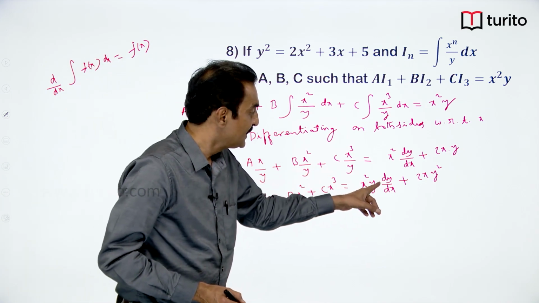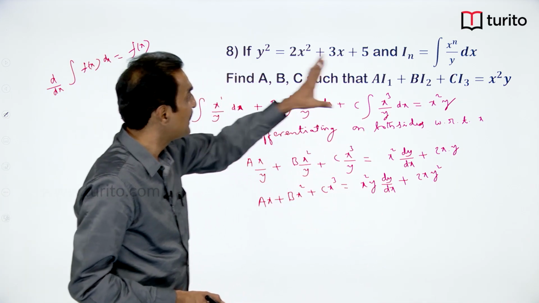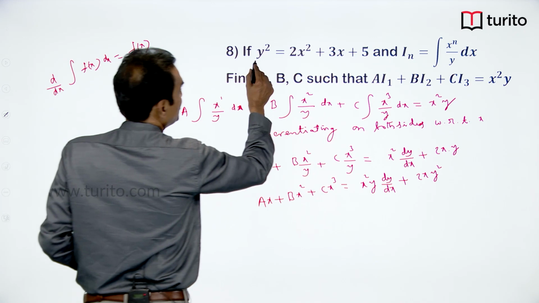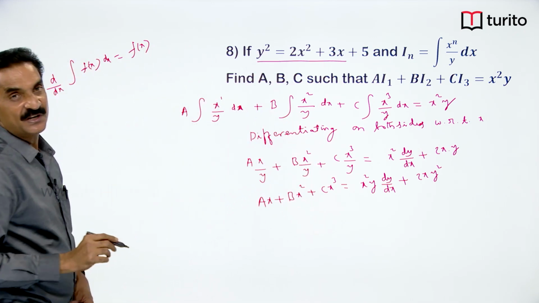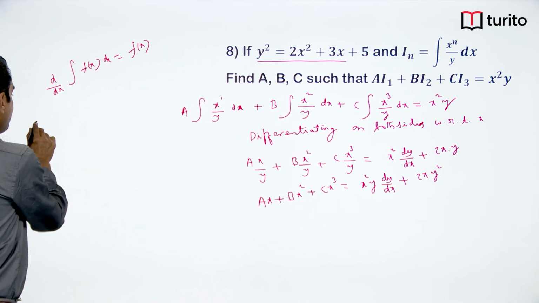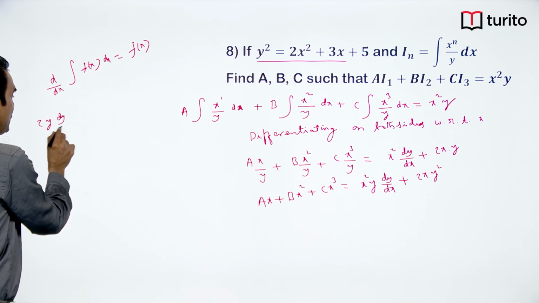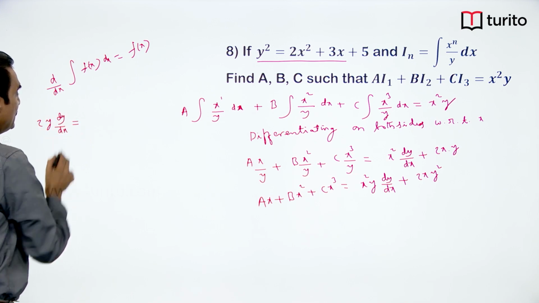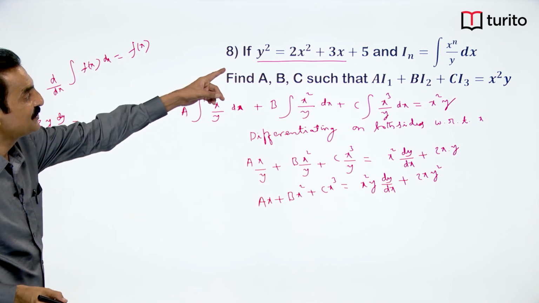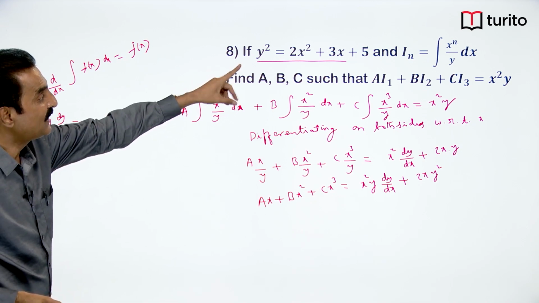How to write? We do not know dy by dx, so we have to calculate dy by dx from this function. Differentiating it on both sides, you will get derivative of y square is 2y into dy by dx. 2y dy by dx is equal to RHS 4x plus 3.